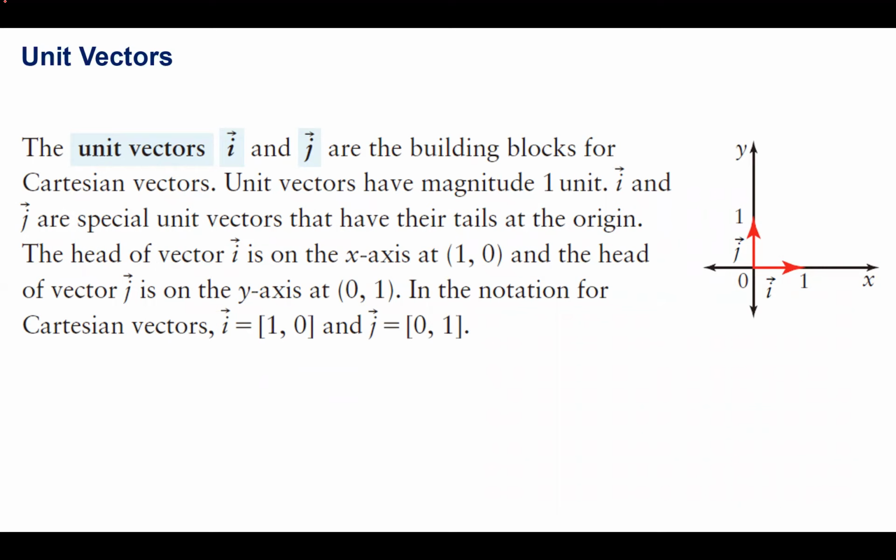The head of vector i is on the x-axis at (1, 0), and the head of vector j is on the y-axis at (0, 1). In notation for Cartesian vectors, vector i equals [1, 0], and vector j equals [0, 1]. Okay, so these are the concepts of unit vectors in two space. Again, I'll give you some time to have a look at these concepts.